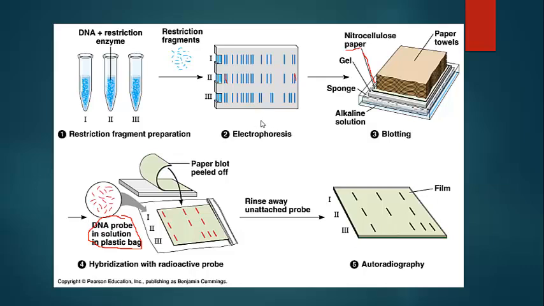So if you look here in the gel, you see many different fragment lengths. In our film, the end result, we only have those specific fragments or those specific genes that we wanted to isolate. This was accomplished by adding a radioactive DNA probe. This radioactive DNA probe base paired to all the specific genes that we wanted to isolate, and the radioactive probe burned an image onto the film.